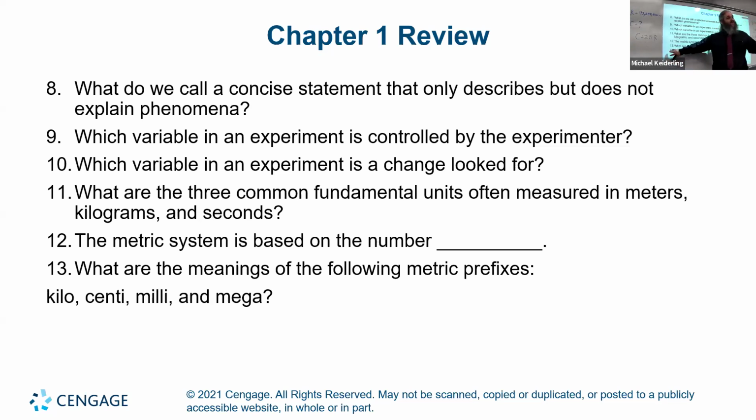So kilo is 1,000. If you wanted 10, it would be deca. Centi. What is? No, centi is small. Centi is 100th. So a centimeter is 100th of a meter.